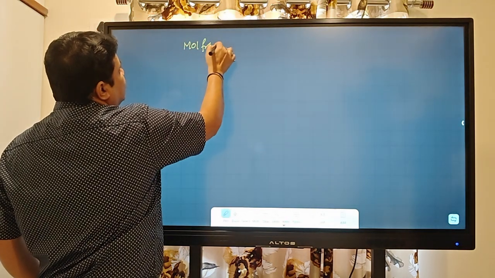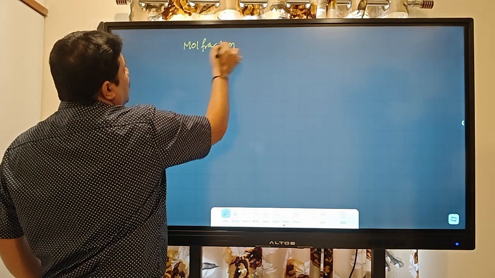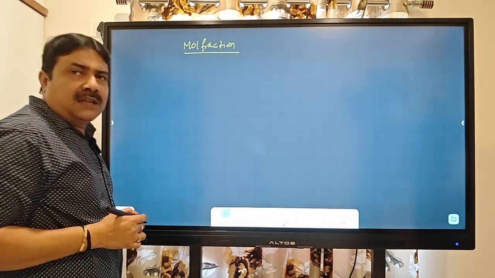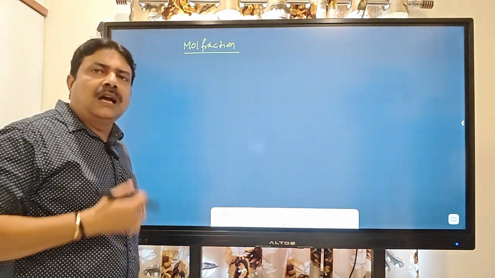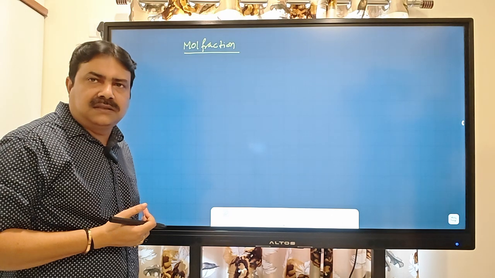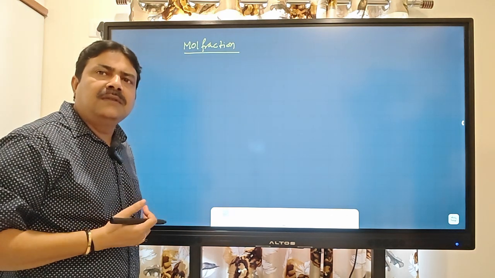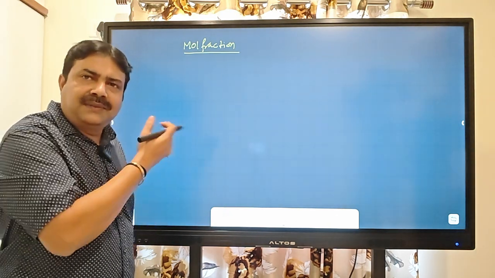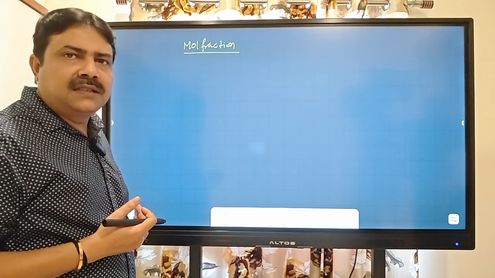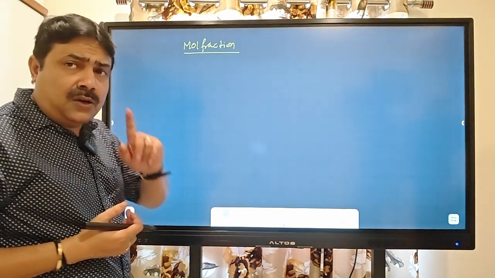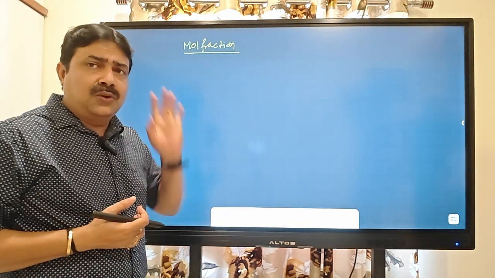Mole fraction. Fraction, you already understood, means out of the total of a particular substance or component, how much is there? That is nothing but a fraction. The fraction concept is there from class 6 onwards. Same thing only, here it is mole fraction. Fraction means out of 1, percentage means out of 100.